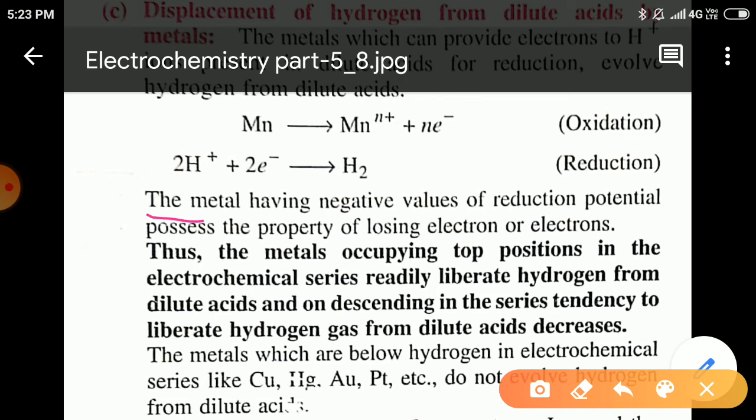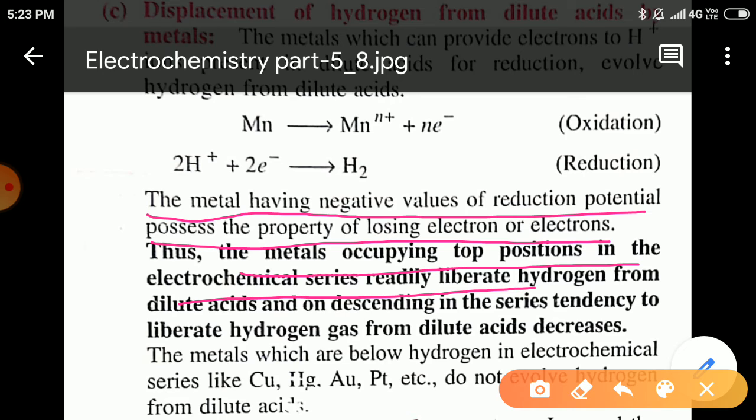The metal having a negative value of reduction potential possesses the property of losing electrons. Therefore, the metal occupying the top position in the electrochemical series readily liberates hydrogen from dilute acid, and on descending in the series the tendency to liberate hydrogen gas from dilute acid decreases.